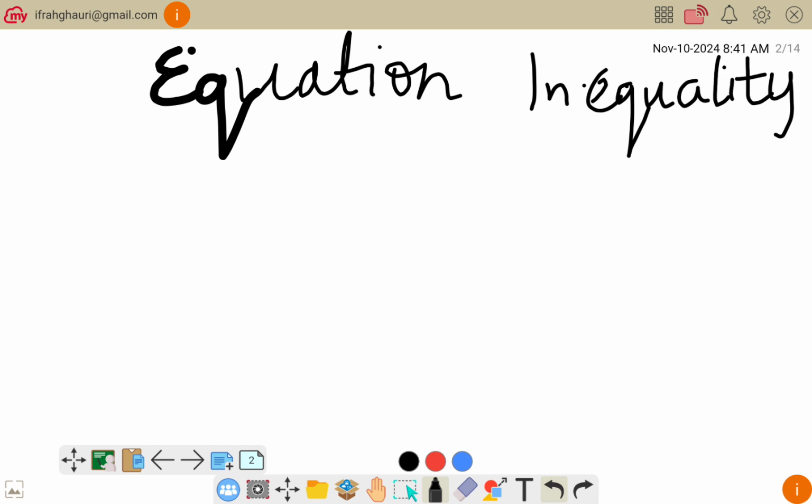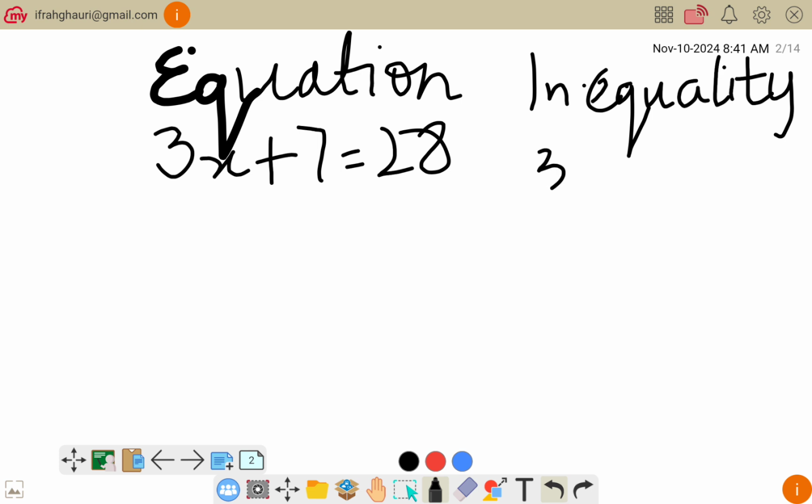Okay, what is the equation? The equation is 3x plus 7 is equal to 28. And what is the inequality? 3x plus 7 is less than or equal to 28.